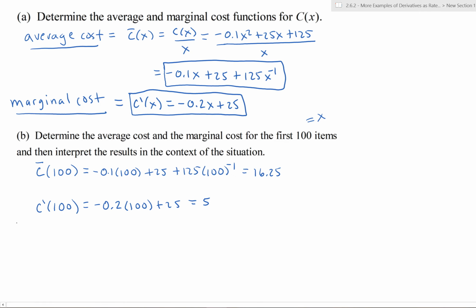Well, let me just draw a little line here. C bar of 100, which we found is 16.25, means what? Well, we're producing 100 items.